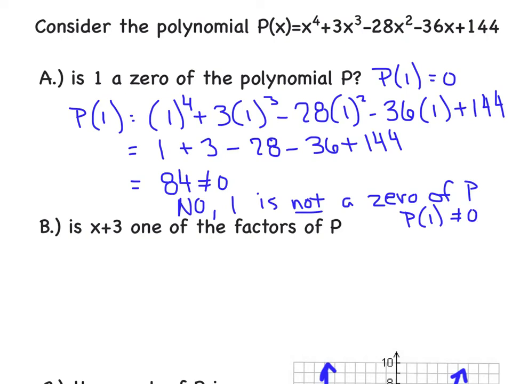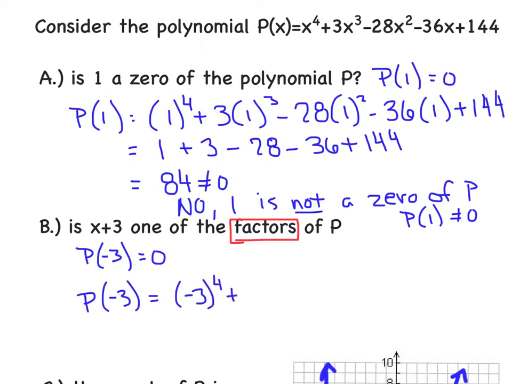Okay, now for part B, is x plus 3 one of the factors? Now again, they're just testing us on can we interpret what the word factors means. If this was true, then p of negative 3 would equal 0. So let's go ahead and test that out by substituting similarly to what we just did. And goodness gracious, I am really going to use my calculator on this one.